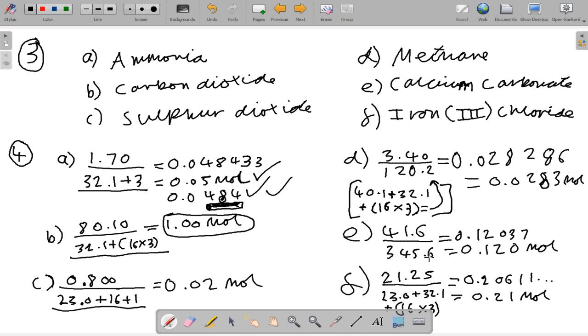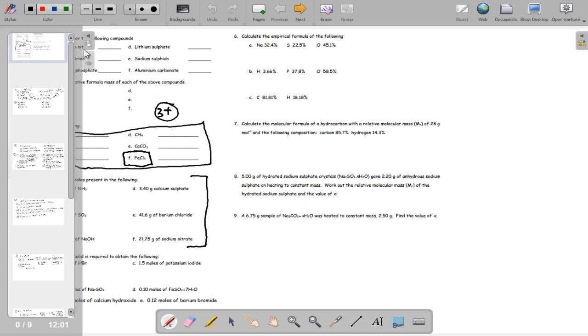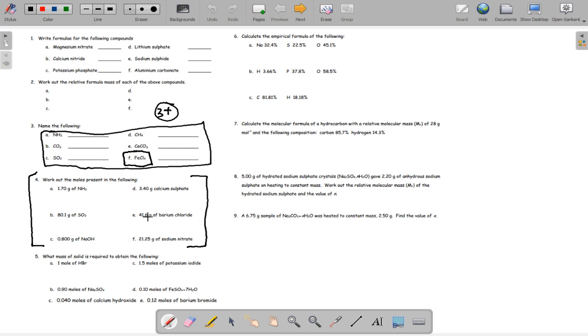And for part E, 41.6 over 345.6. So working out the MR, get back to the question. Barium chloride. So knowing that barium is in group 2, it's a plus 2 charge, so we have 137.3.